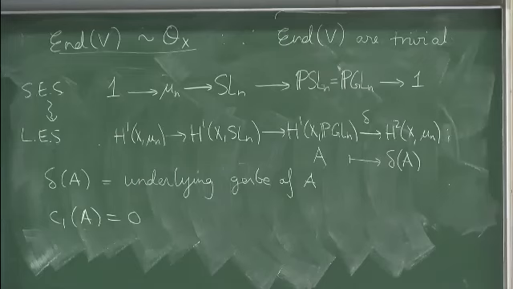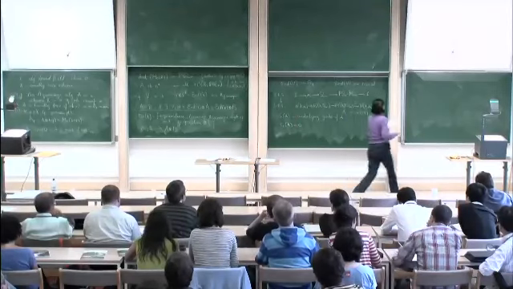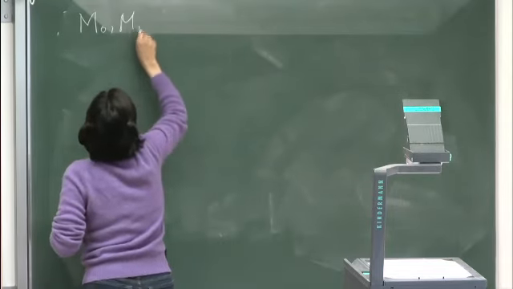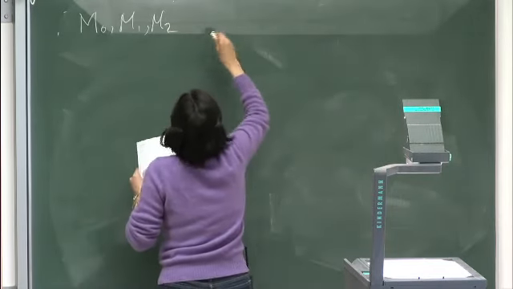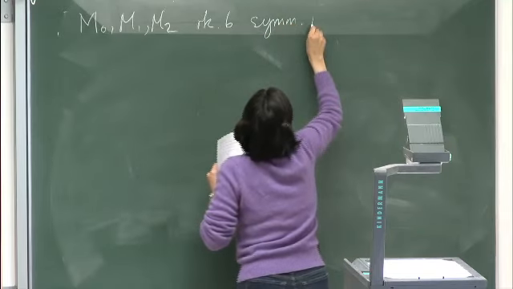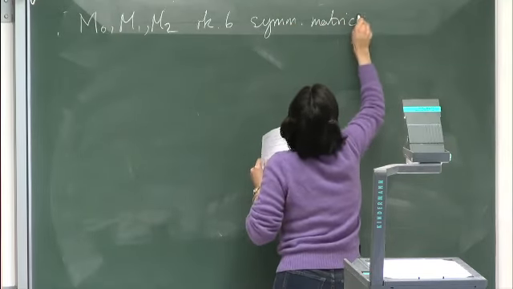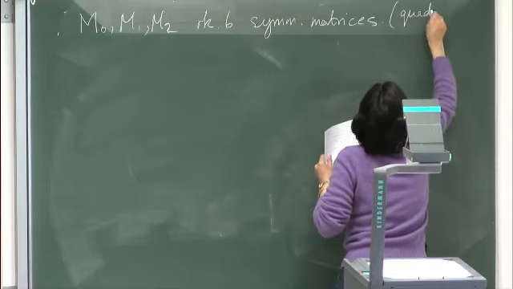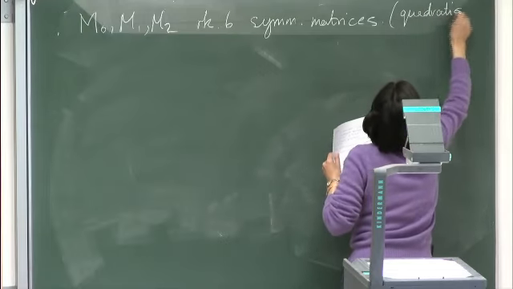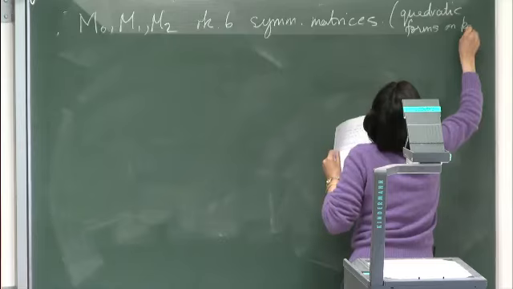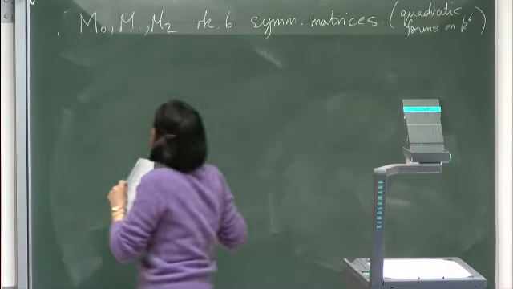Okay, so now I've set up what I wanted to set up, and I'm going to go on to the construction. So, let's say you have 3 rank 6 symmetric matrices. You can think of these as quadratic forms on the rank 6 vector space K^6 or C^6, whatever you wish.